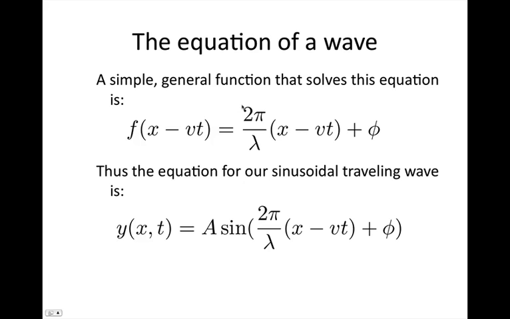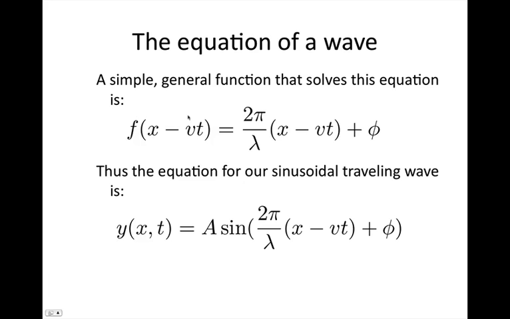And so a simple general function that solves this equation is if we let f of x minus vt be 2 pi on lambda times (x minus vt) plus phi. You can just substitute this into that equation on the last slide to prove that.